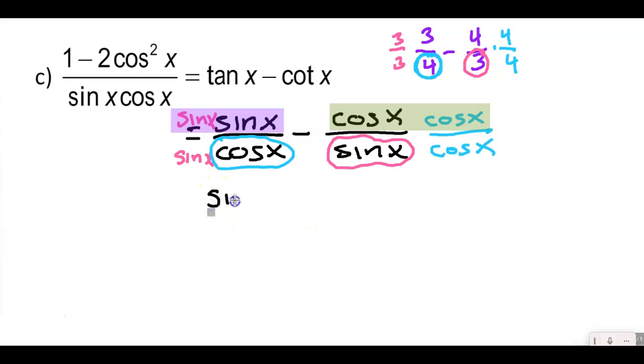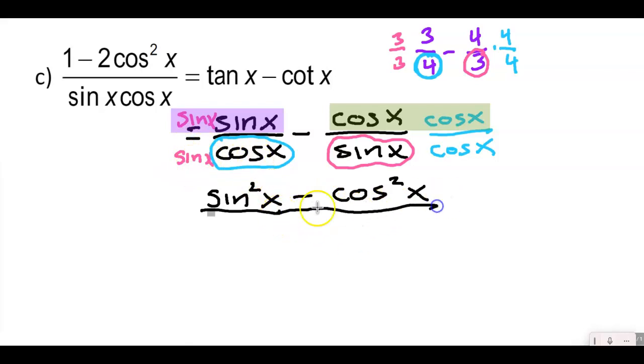So we have sine squared of x minus cosine squared of x. Now, I could write this step, and I could put, okay, it's over sine cosine, and this one's over sine cosine. I'm going to just put it all in one big step right here. Over sine of x, cosine of x.